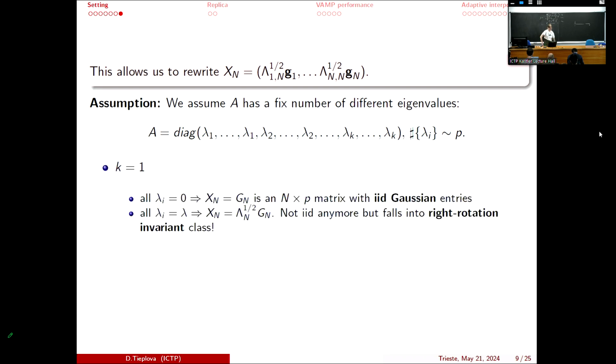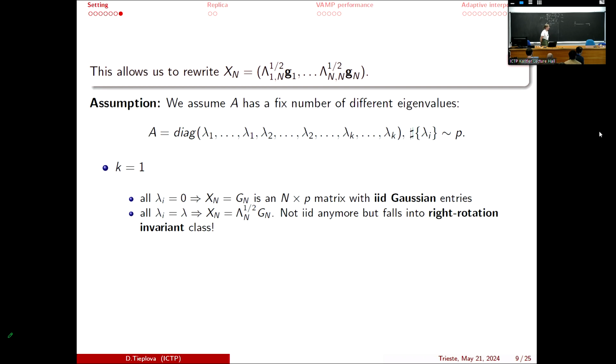Okay, so now I just wanted to show you how this model is actually connected to everything that was studied before. It's very logical, when you have some new model, to see what will happen in the simplest cases, right? So let's see what will happen if k is equal to 1.